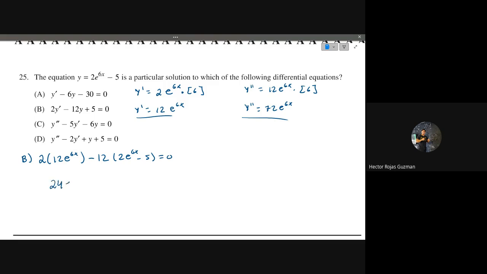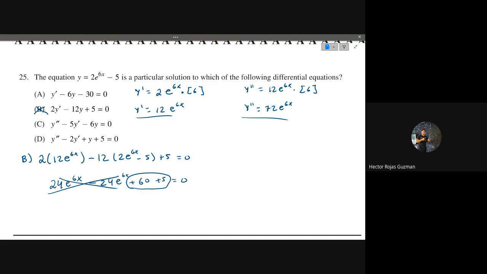This is 24e to the 6x. Oh, I forgot a plus 5. Oh, and it's not going to work out. Watch. Minus 24e to the 6x plus 60 plus 5. These cancel, but 60 plus 5 is not 0. Okay, so it's not B.